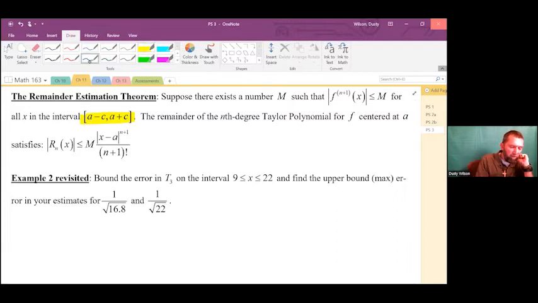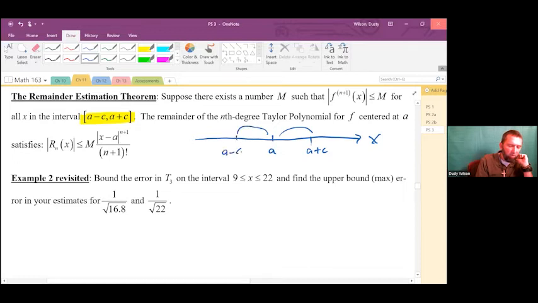If you picture a number line, here is an a, then a plus c would be over here on the right, and a minus c would be there on the left. All we're saying is that we're on an interval, kind of like a radius of convergence, but not quite, centered at a and going c to the right and c to the left.